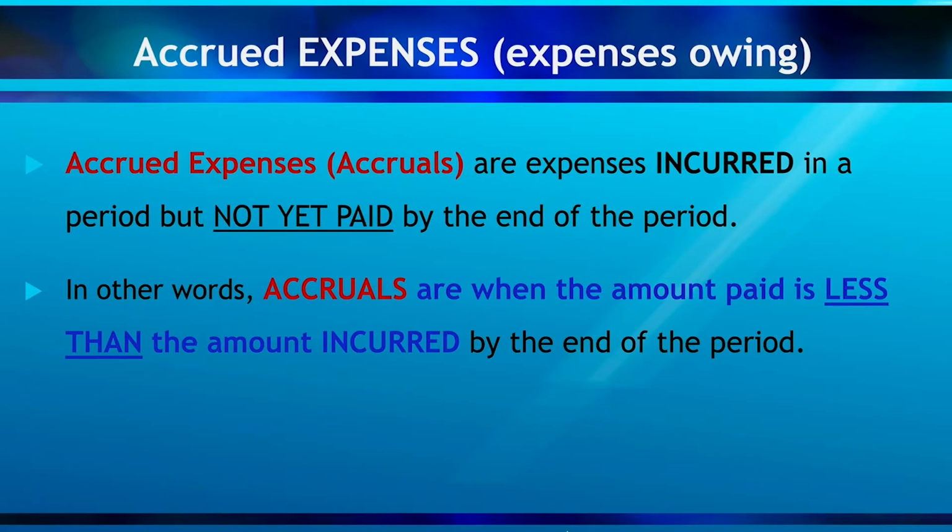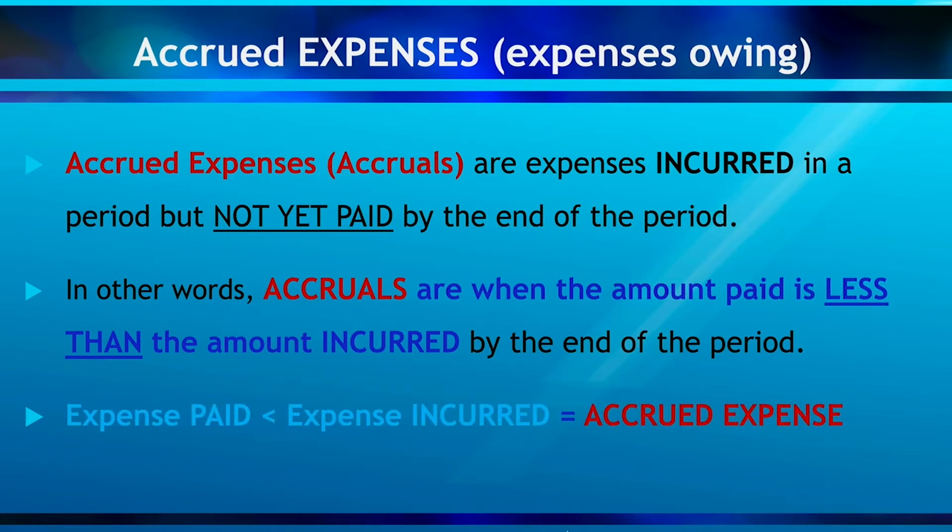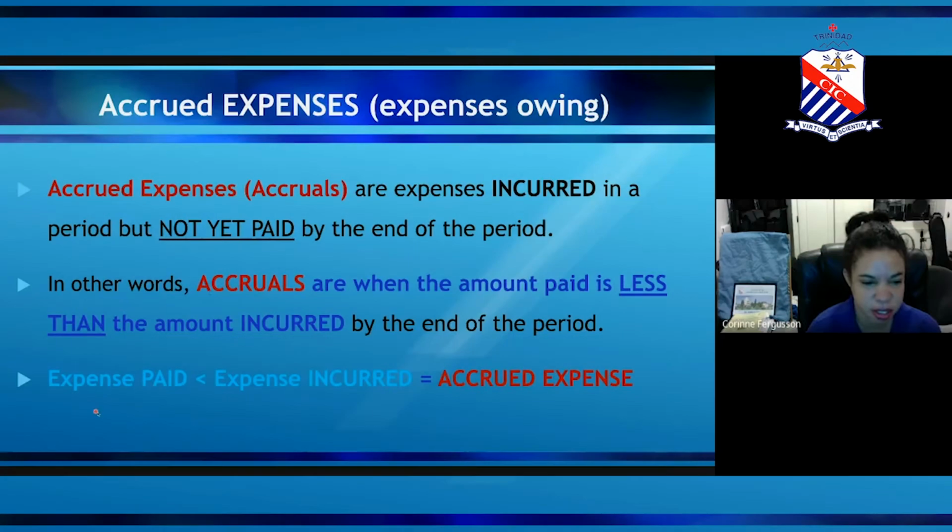In other words, accruals are when the amount paid is less than the amount incurred by the end of the period. So you're seeing it a different way. Expense paid less than expense incurred equals an accrued expense. This is going to be an emphasis. It's being introduced to you, but the more that you practice it, you're going to understand it more and more. So expense paid less than expense incurred means you have an accrued expense or an expense owing at the end of the period.